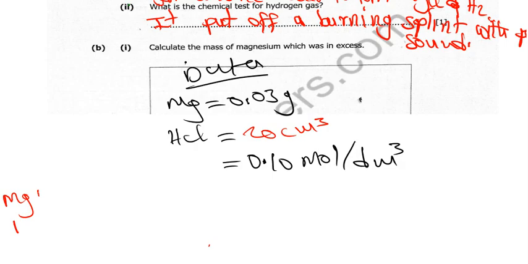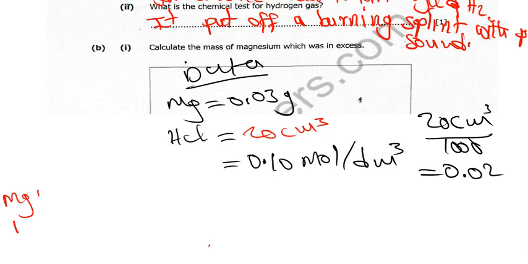So if we take our 20 cubic centimeters over 1,000, the answer is 0.02. This is the volume of our hydrochloric acid in standard units. This is the volume we'll be using in our calculation instead of the cubic centimeters, because they are not standard. We move.